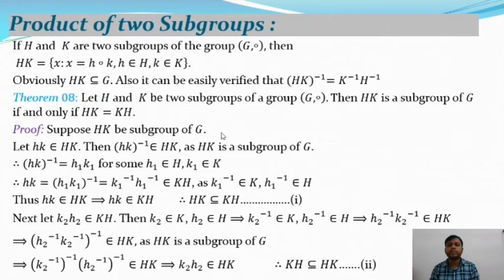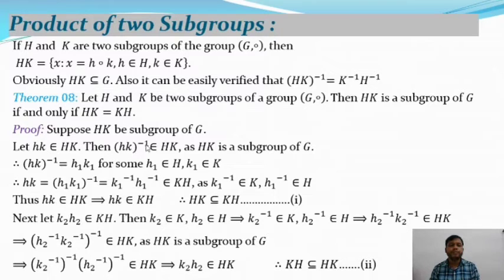So from this we will prove that HK is equal to KH. Let hk belong to H times K, where small h and small k are two elements in the sets H and K, where H and K are two subgroups of G under composition.